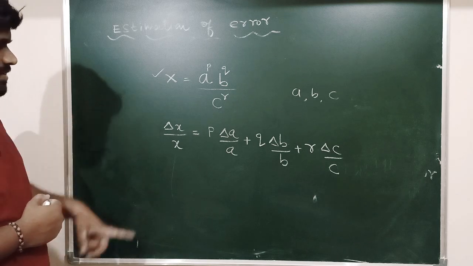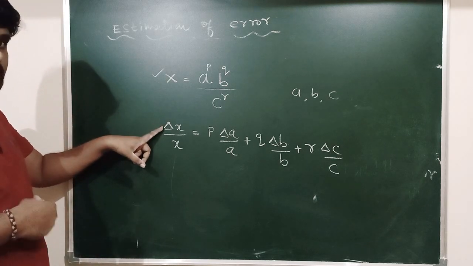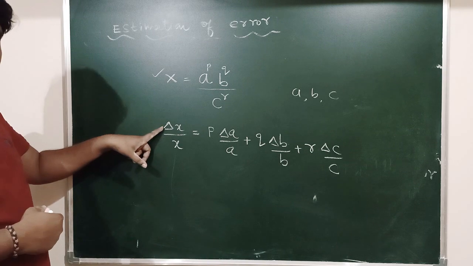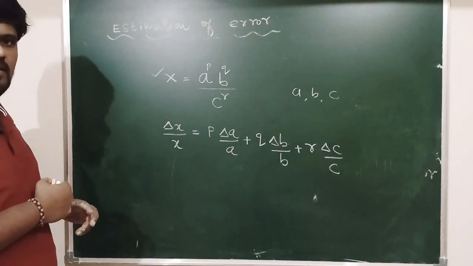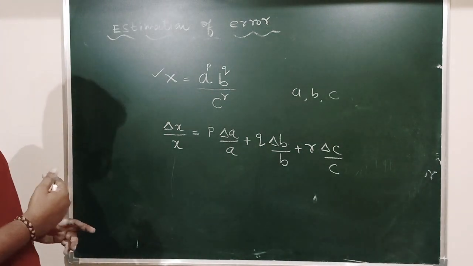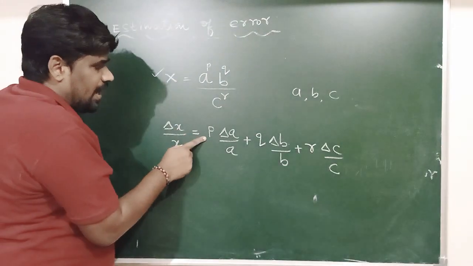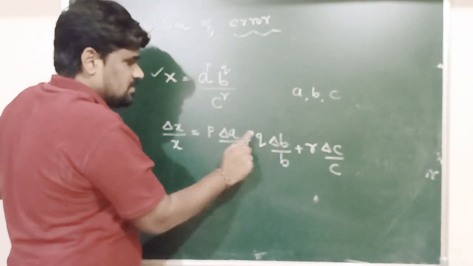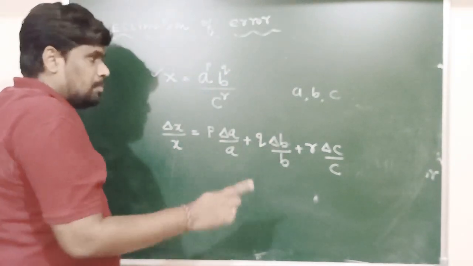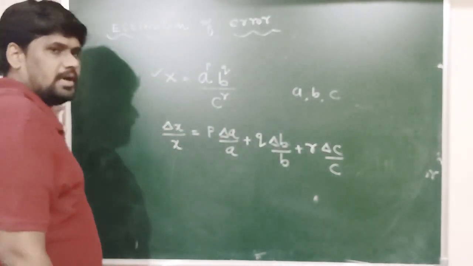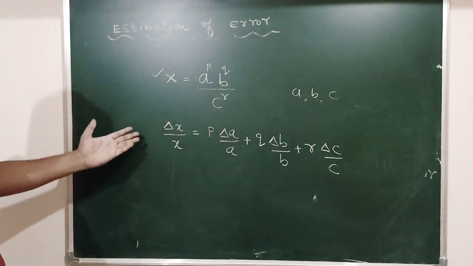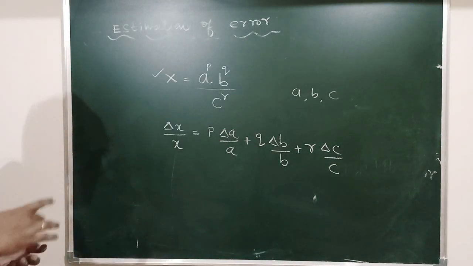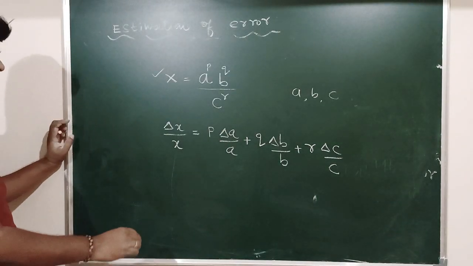The relative error in x is given by p times the relative error in a plus q times the relative error in b plus r times the relative error in c. Of course, you will get the value of the relative error.